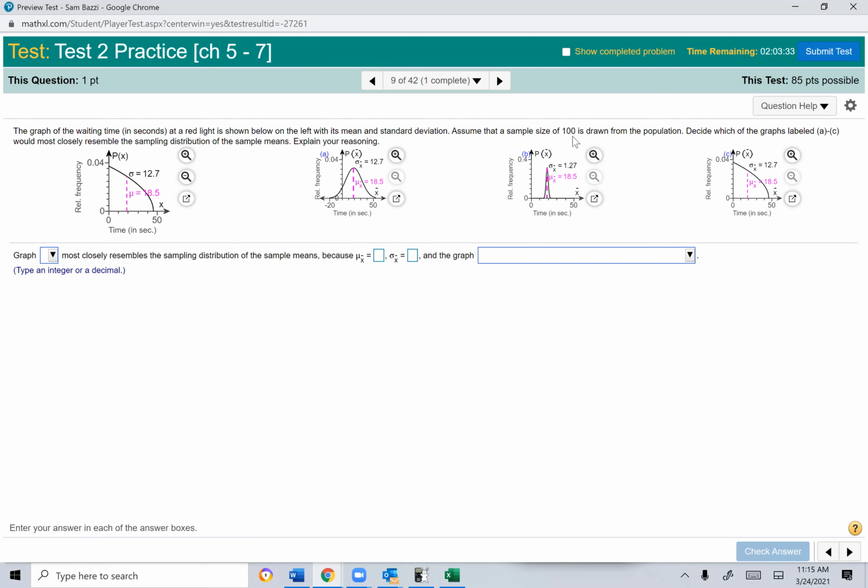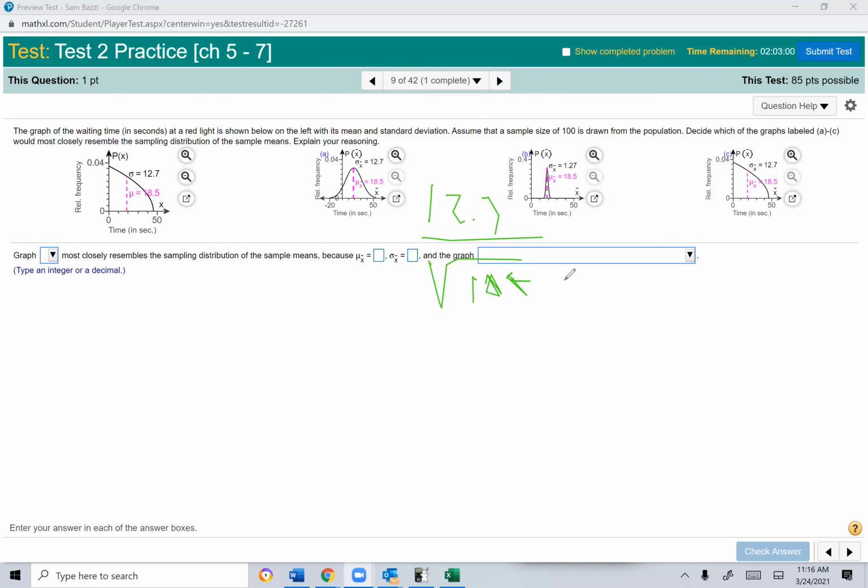So if you guys take 12.7 and divide it by square root of 100, what would you get? You get 1.27. You agree with me? So it must be B as the correct answer.